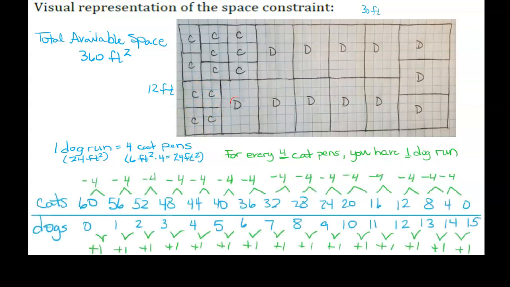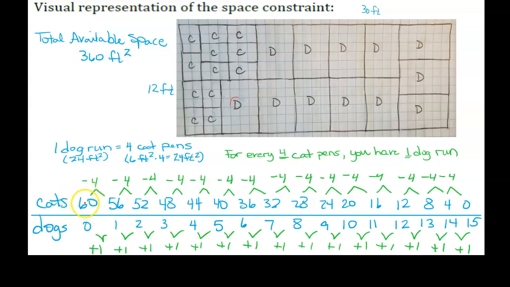And if we look at that in table form, we can see this kind of exchange rate between the cats and the dogs. If we started with all cats, we would have 60 cats and no dogs, because we have a total combined area of 360 square feet, and we divide that by the 6 square feet that each cat pen requires, which gives us 60 cat pens.